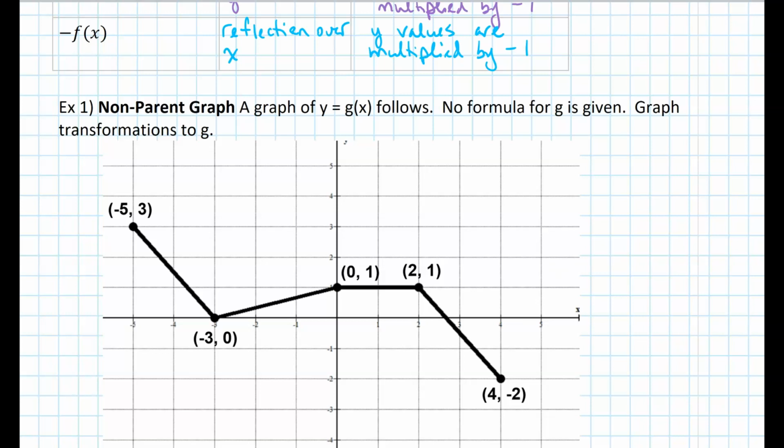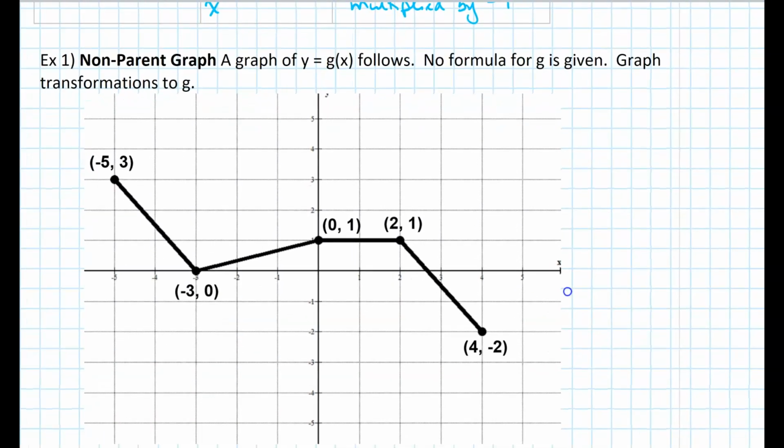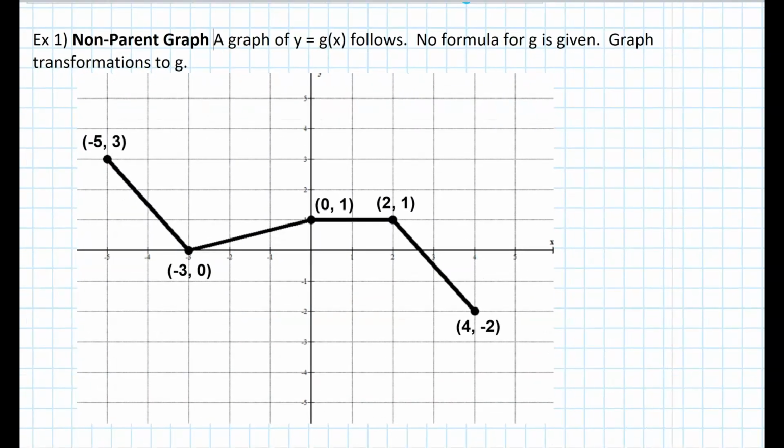Linear. One more term. How many pieces do you see? Yes, this is a linear piecewise function. I gave you guys 4 copies because we're going to transform it 4 different times. So this is the parent function here.